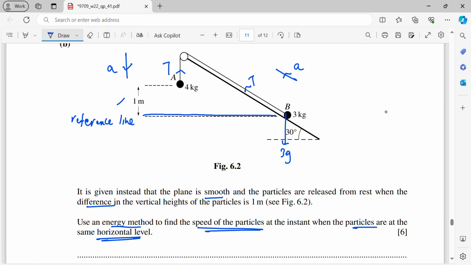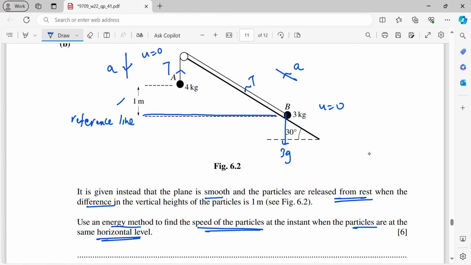This no more R. Remember, no more R. Now initially released from rest means that u equals 0 for both. Alright, and now here I will have to define first, because when they are 1 meter apart in the vertical distance of A and B, I will assume A has travelled down for X meters.